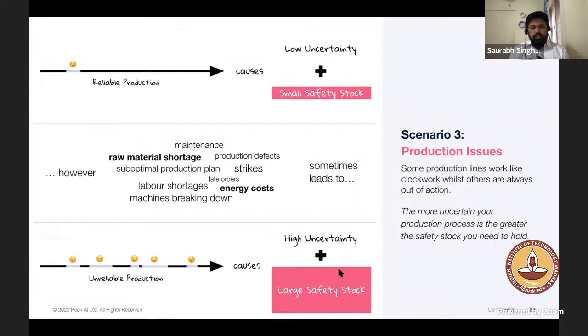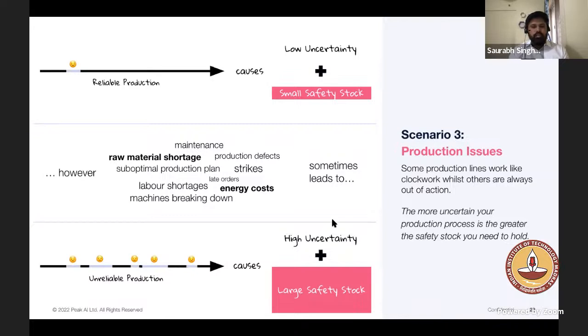Talking about scenario number 3, which is production issues. Some production lines work like clockwork, while others are out of action. Some are very accurate, very proper. Some production lines can go out of action at any point of time.